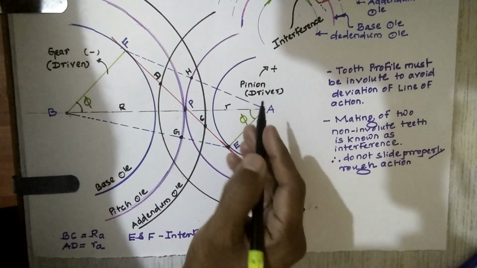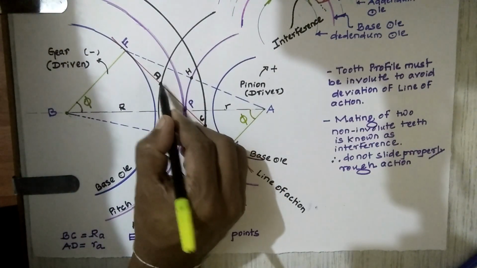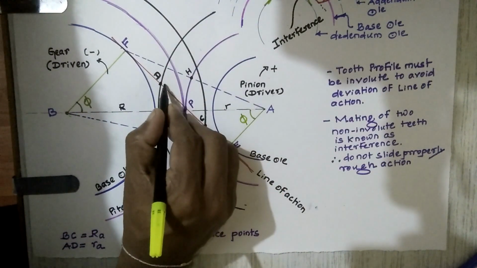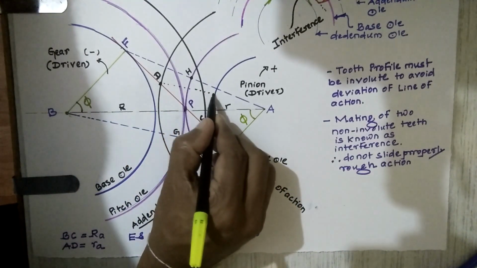Then imagine when interference occurs. If you consider this is the point of disengagement, I have taken this point. If you increase the radius, what is that radius? I'll draw this one.